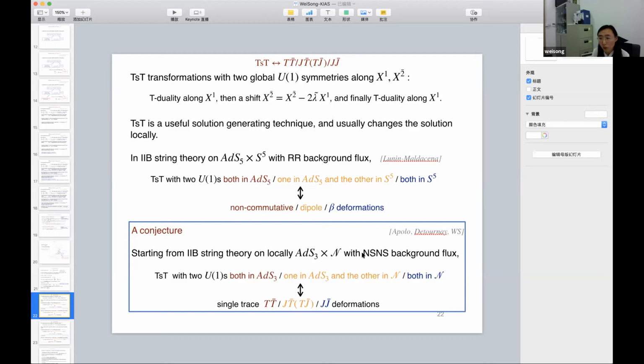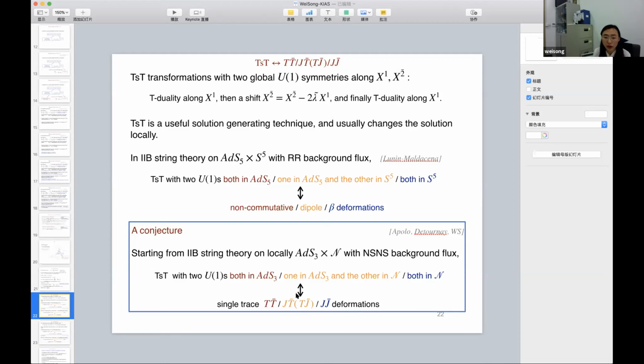But here, we would like to consider AdS with NS background. And here, we conjecture that this TsT transformation in AdS with NS background would correspond to TTbar, JTbar, or JJbar deformations in the field theory.